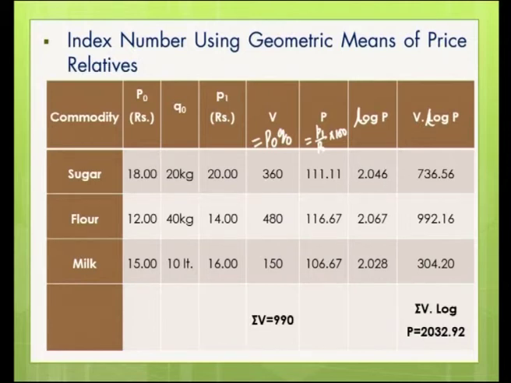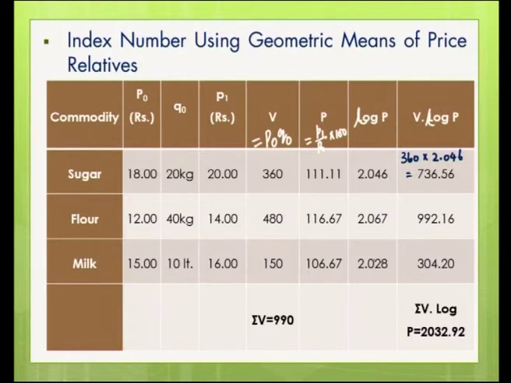Then V into log P is 360 into 2.046, which is equal to 736.56. Similarly, 480 into 2.067 is 992.16.